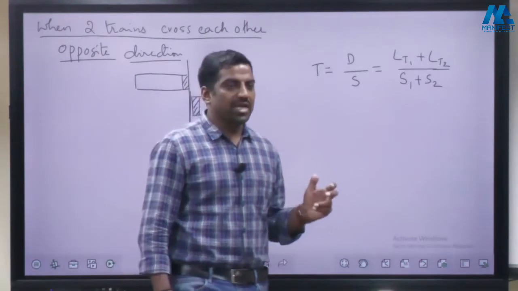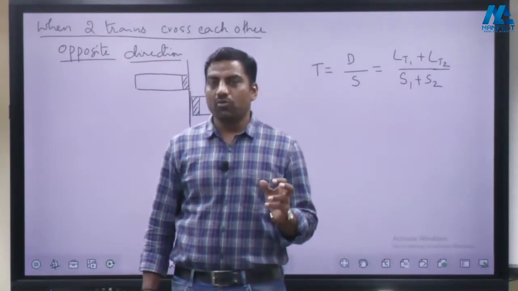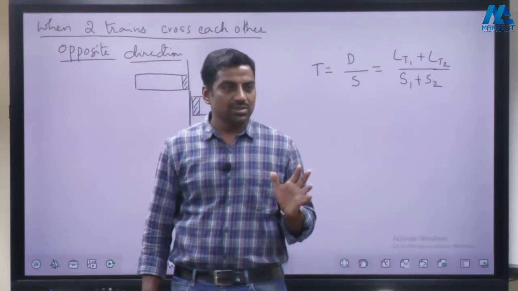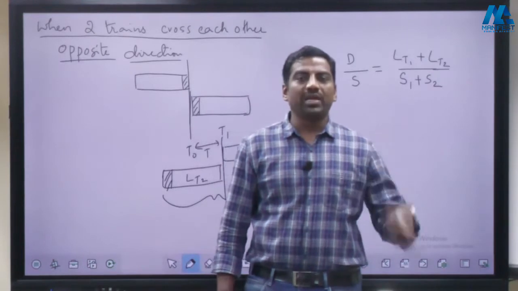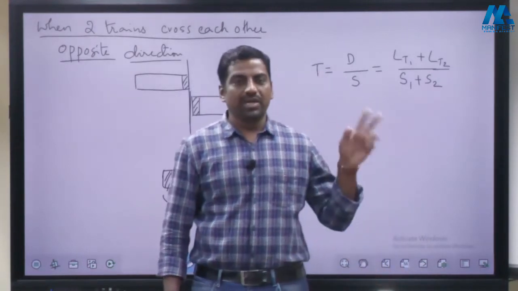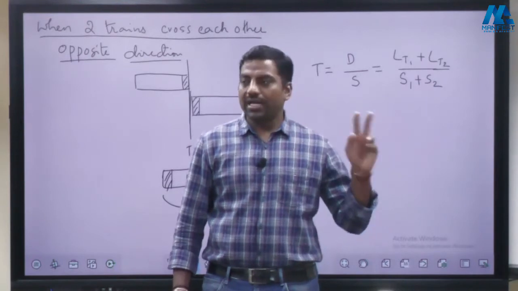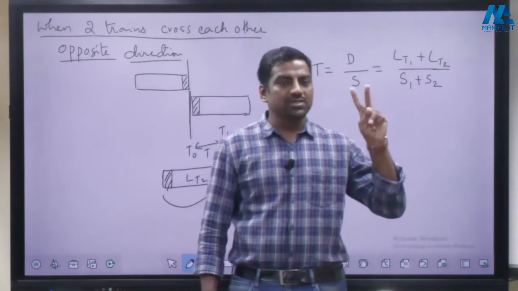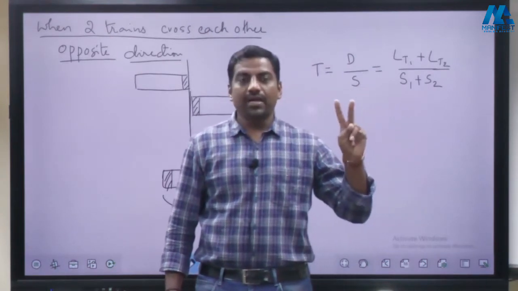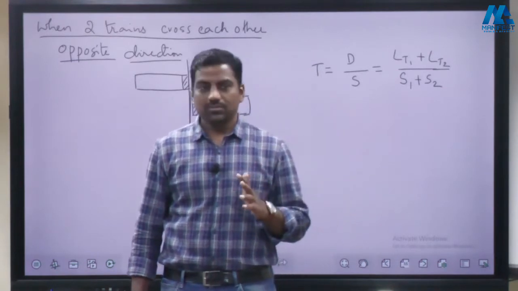In the denominator, we are writing the sum of them because they are moving in the opposite direction. Understood this? Whenever length comes, it is always in the numerator, no matter how many lengths come. Speed is always in the denominator. In the earlier two cases, only one speed used to be there. In the third case, we have come across two speeds, and when they are moving in the opposite direction, we have to add them. Yes? Done?